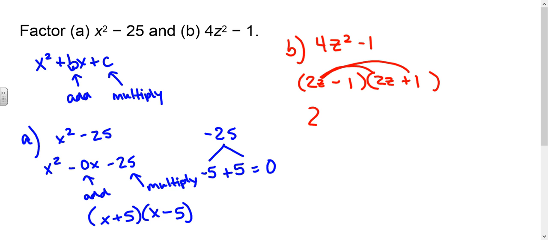So I would get 2z times 2z, which is 4z squared, plus 2z. And then I do the middle one, so I would have minus 2z and then minus 1. So these will cancel out in the middle, and we'll just have 4z squared minus 1. So when you have a number in the very front, you need to think what number times itself equals that number. So what happens is there's a pattern here.